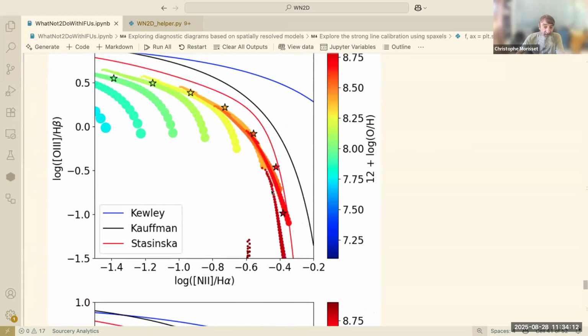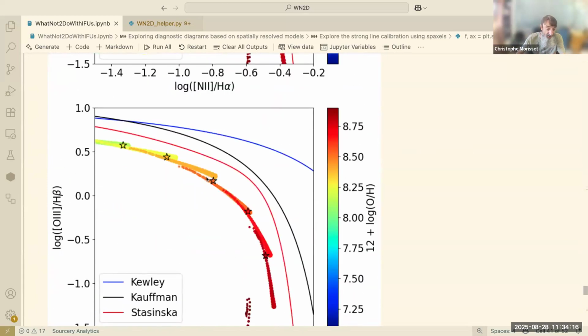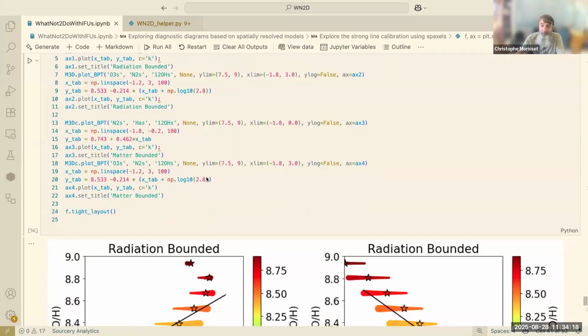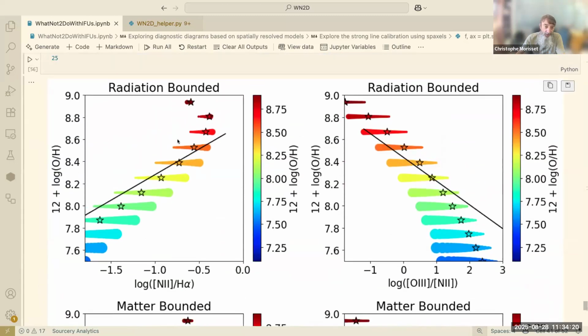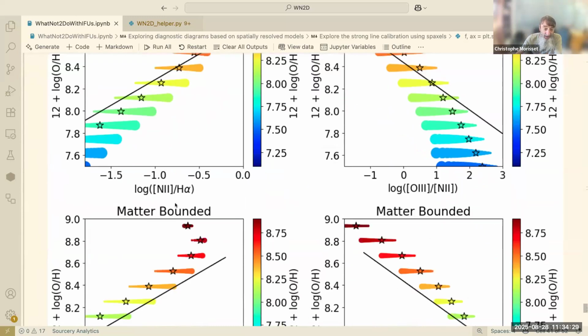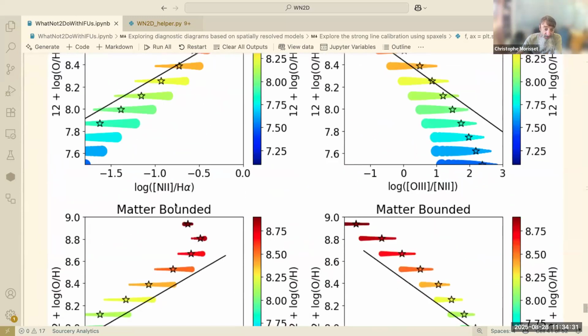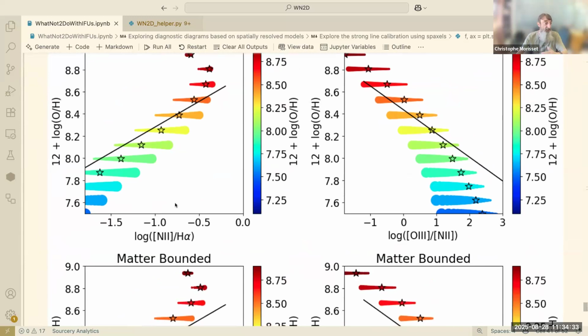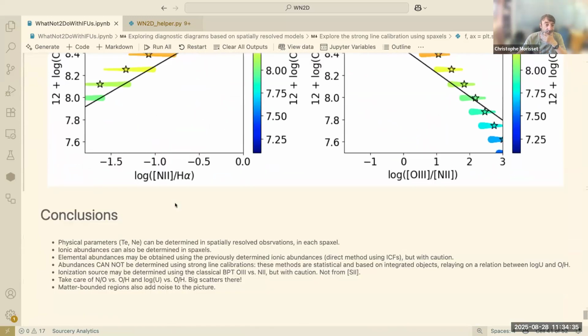So it's moving in the BPT diagram, all the models. So it adds noise to the results. So this is an illustration of the N2 and O2 over O3 over N2 diagnostics. And this is what is obtained with matter bounded. So you can see that things are moving. So it adds noise to the determination.